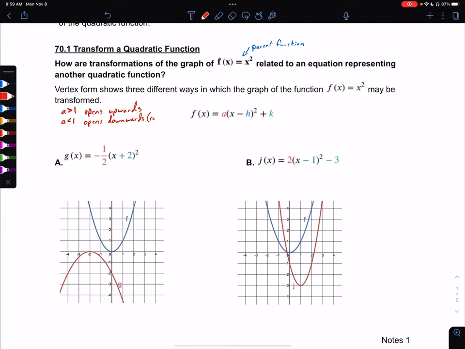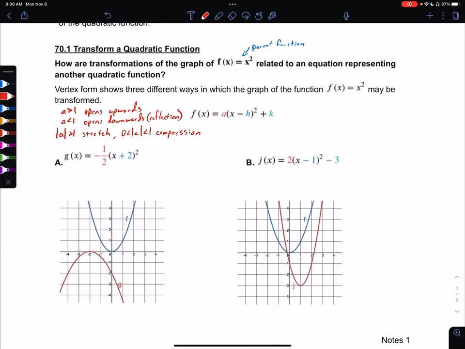That's where we have a reflection. If the absolute value of a is greater than 1, then there's a stretch. And if the absolute value of a is between 0 and 1, then there is a compression.